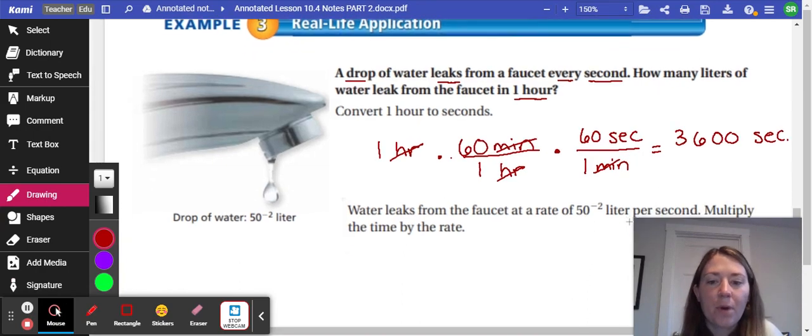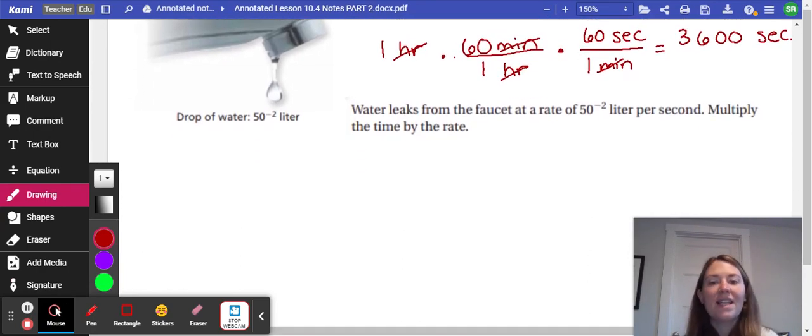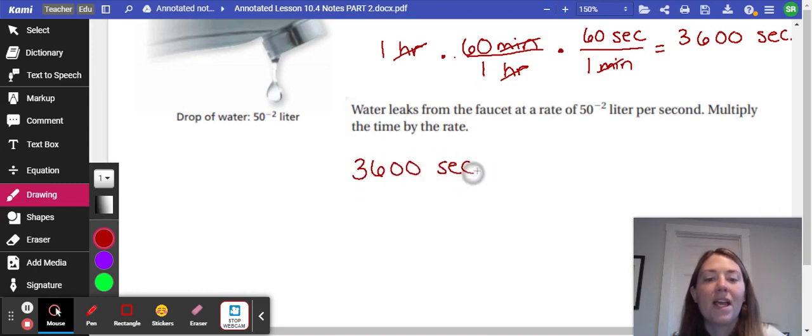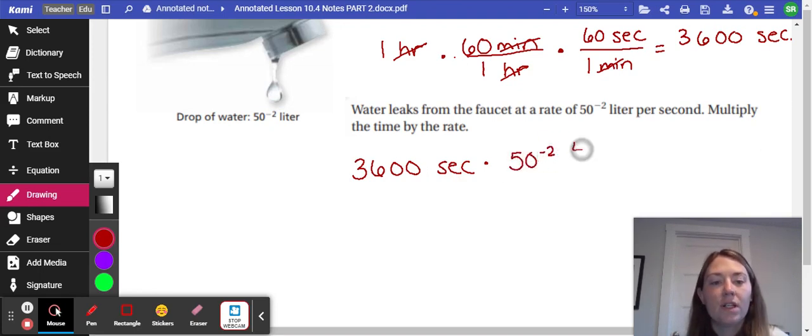So let's take a look at the next part of the problem. It says water leaks from the faucet at a rate of 50 to the power of -2 liters per second. Multiply the time by the rate. Okay, so the time we have is 3,600 seconds. We're multiplying that by the rate, 50 to the power of -2 liters per second.